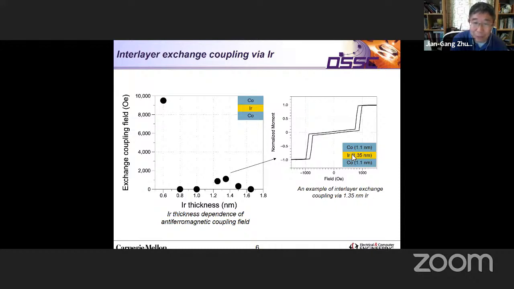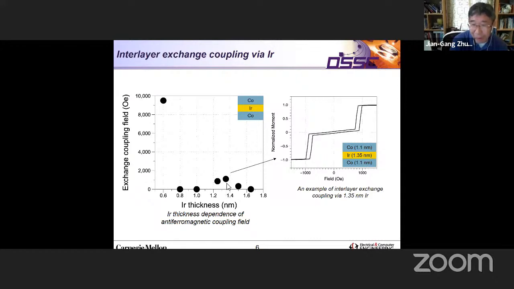If the iridium interlayer is thinner than 8 angstroms, somewhere around 6 angstroms, you actually see very strong antiparallel coupling. But we're not using that peak because it's too strong; we use the second peak, which is relatively weaker. That second peak occurs at about 1.3 to 1.4 nanometers.